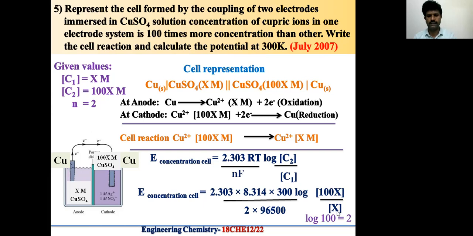So the x's cancel here. Log 100 is 2. After this substitution and calculation, we get the final answer: EMF of this concentration cell is equal to 0.0595 volt. So this is about problem number 5.